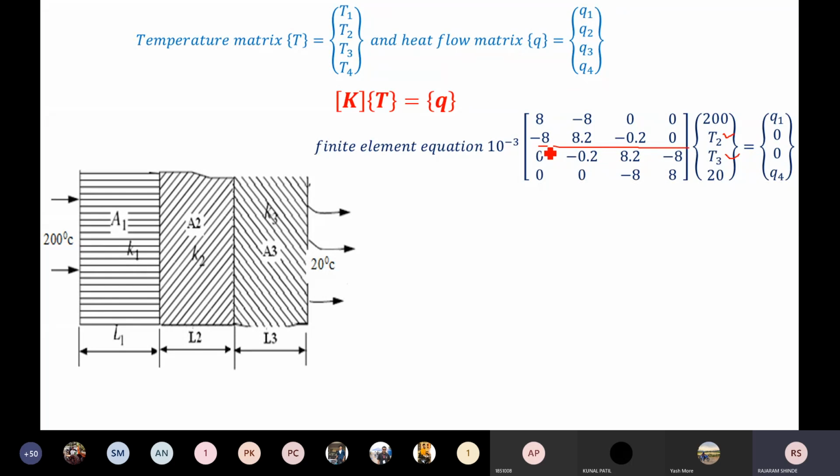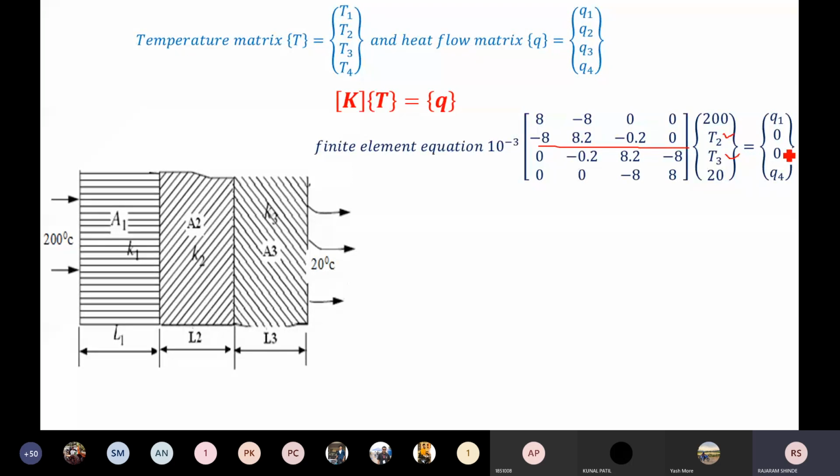What is the second equation? Minus 8 into 2 is 1600, next 8.2 into T2, minus 0.2 into T3. It becomes 1600 plus 8.2 T2 minus 0.2 T3. Do you agree with this? Now I will take this minus 1600 on this side, where the right side is 0.